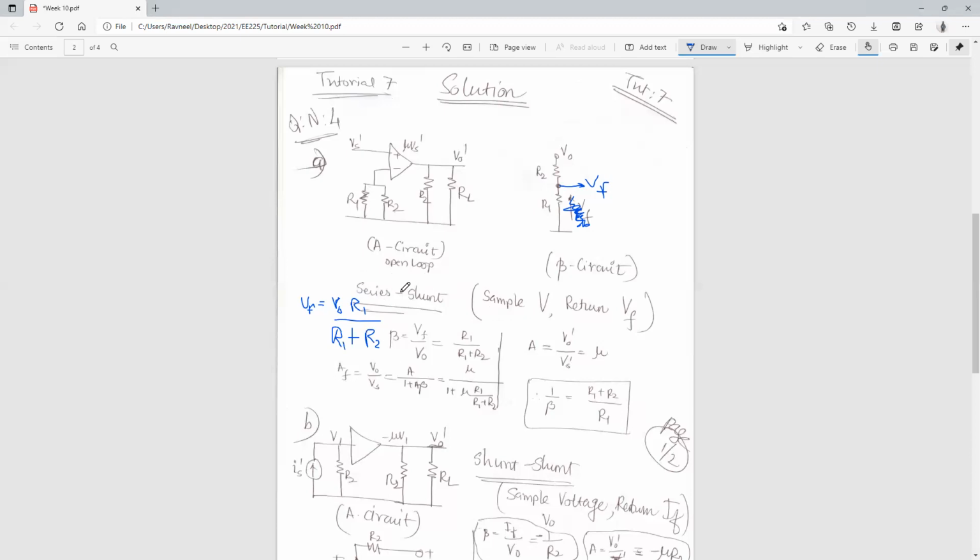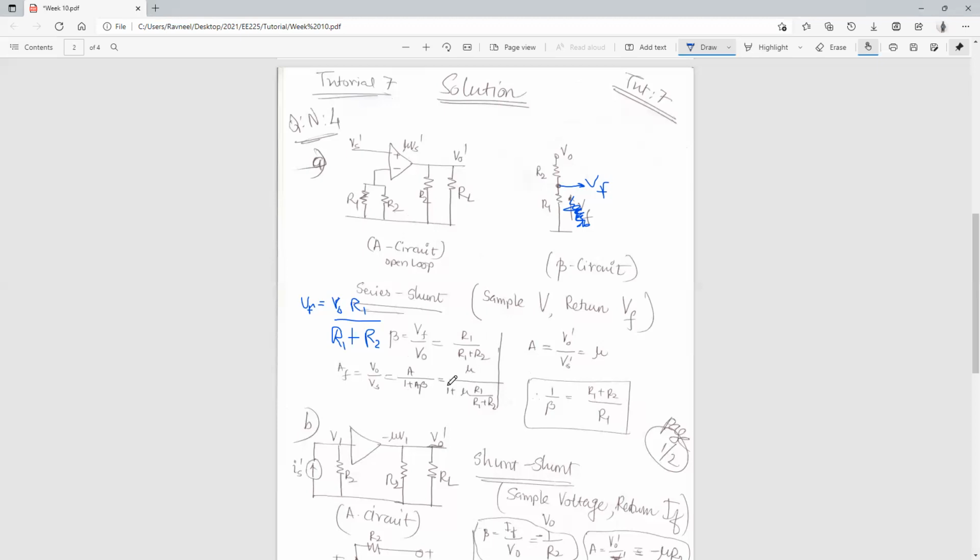So that's regarding this particular question. And then if you have to find the closed loop gain of this circuit, it would have been V out upon Vs. That is basically equivalent to alpha upon 1 plus alpha beta. We can assume that the open loop gain of circuit A is some variable mu.